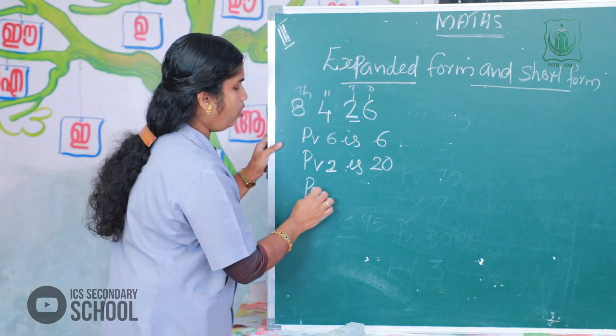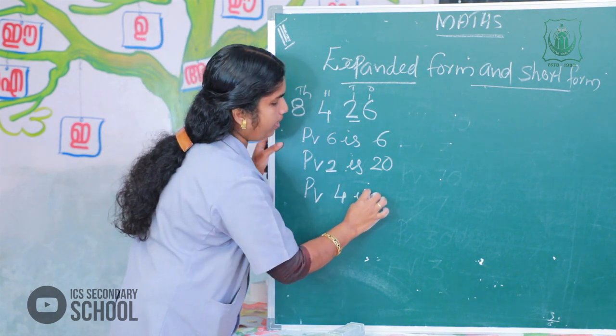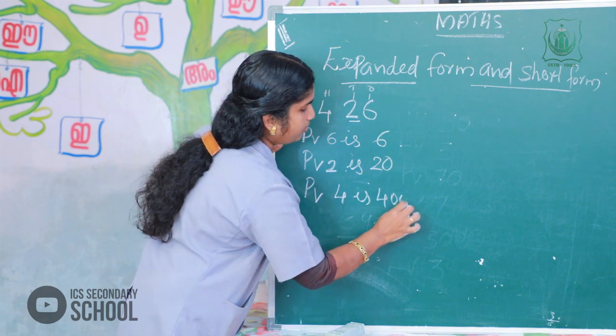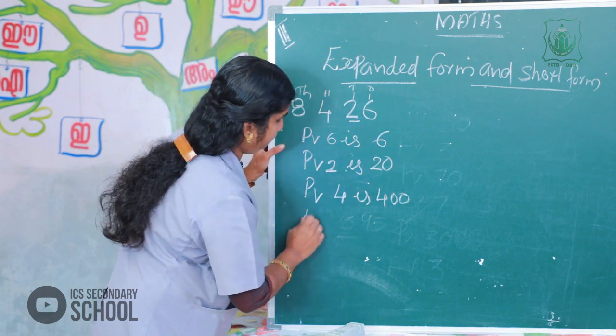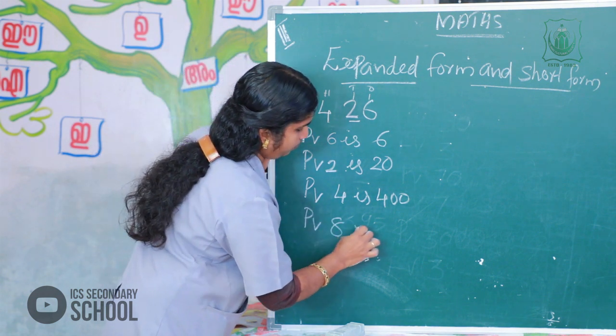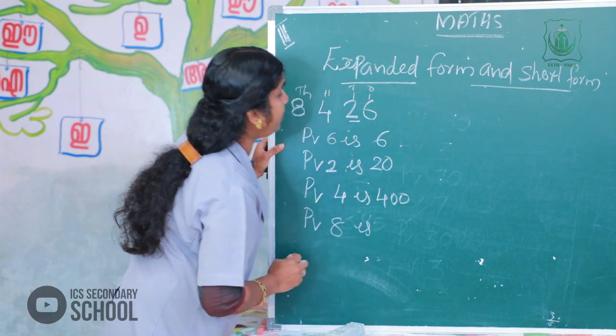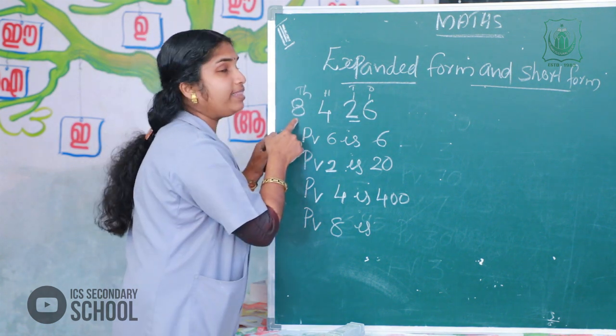The place value of 4 is 400. The place value of 8 is 800. Sorry, 8000. Please note it as 8000.